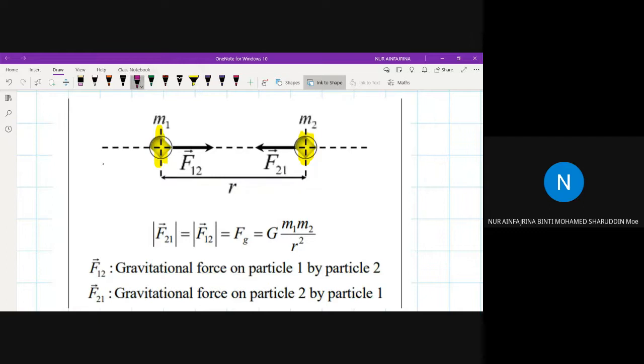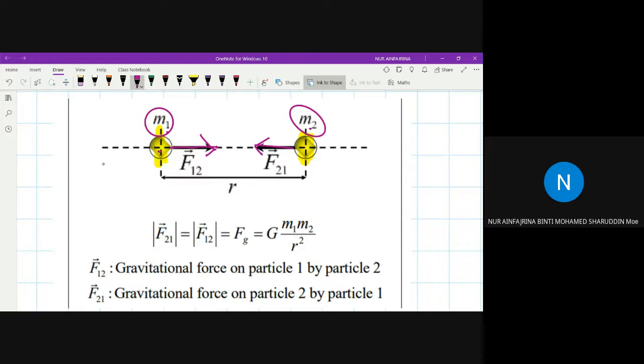Maksudnya sekarang awak akan ada gravitational force by particle 1 on particle 2. Sebab ini mass 1, so dia particle 1, ini mass 2, so dia particle 2. Sama juga you will have attractive force, gravitational force by particle 2 on particle 1.